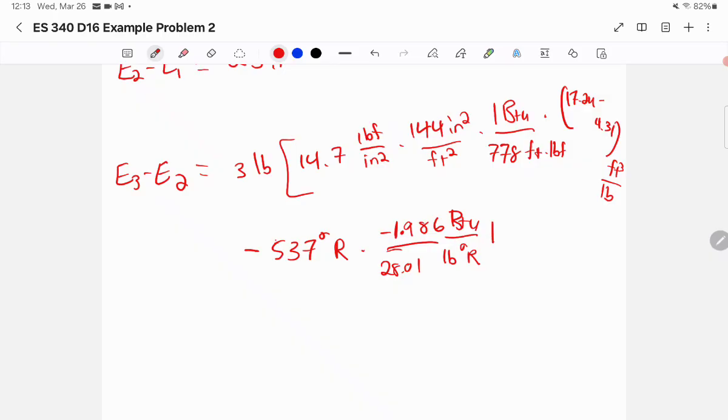And then times the natural log of 10 divided by 40. Now this is my R value. And the minus sign was just, remember, it was minus R times the natural log of P2 over P1. So that's where the minus sign came from there.